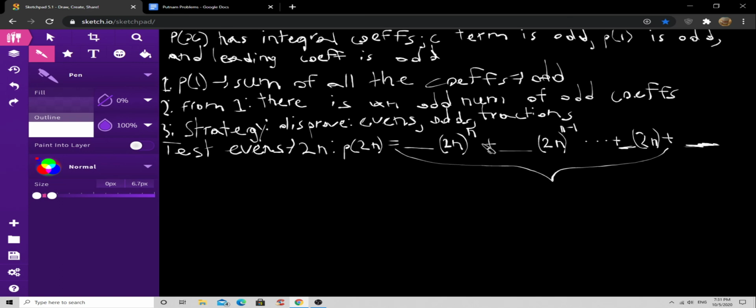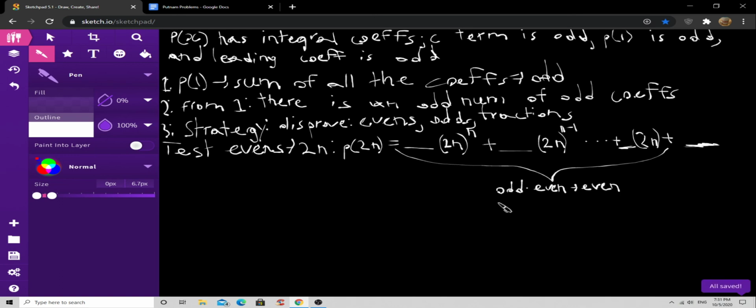Okay? So we know that an odd number, odd times odd, and odd times even. An odd number times an even number is just an even number.